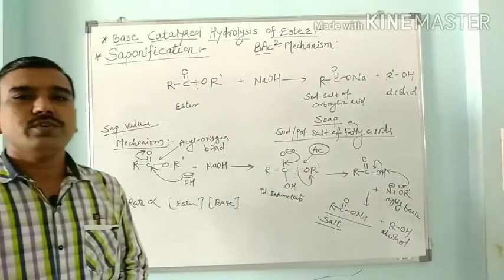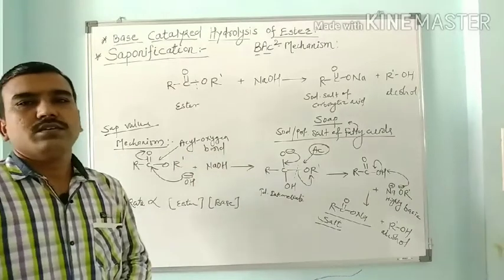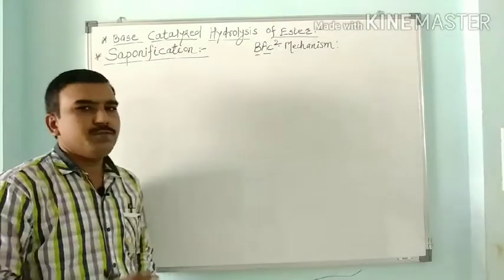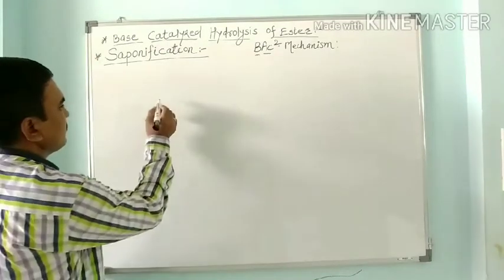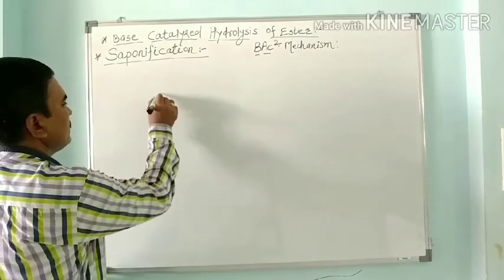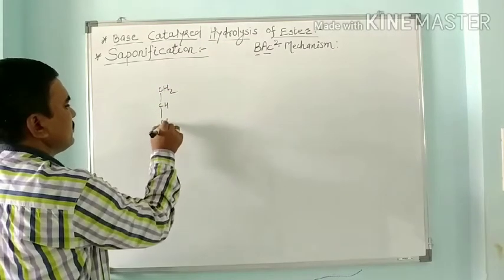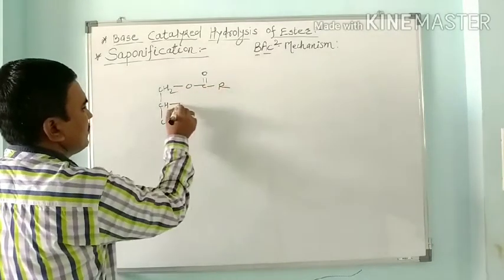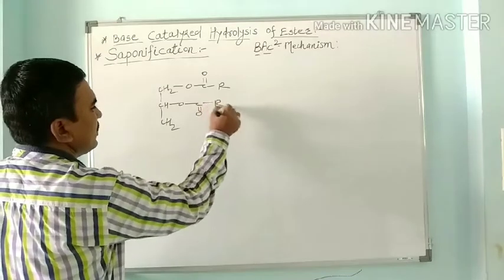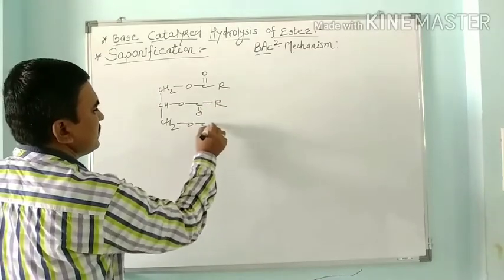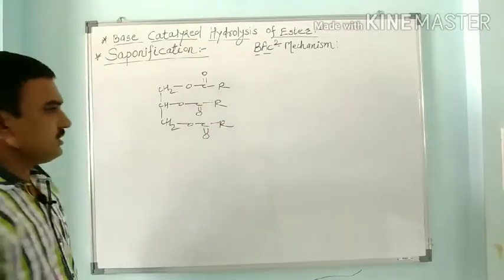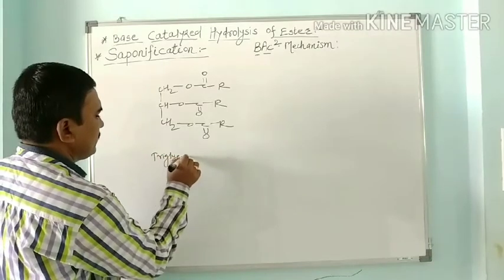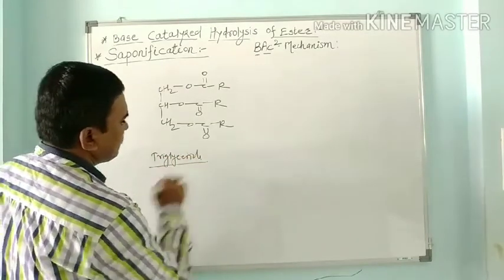Now let us see a few examples of this BAC2 mechanism, or base hydrolysis of ester. If we see a triglyceride, such as CH2, CH, CH2, with OCOR, OCOR, OCOR, this is a triglyceride.